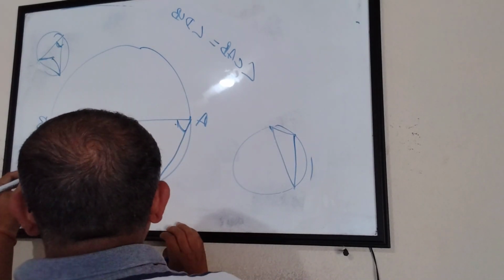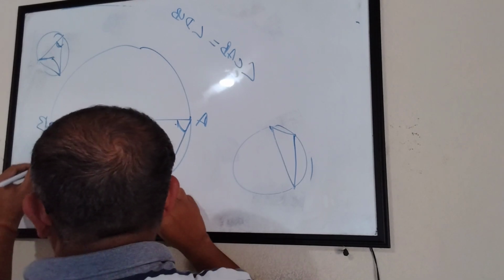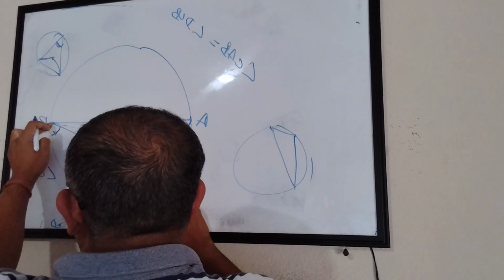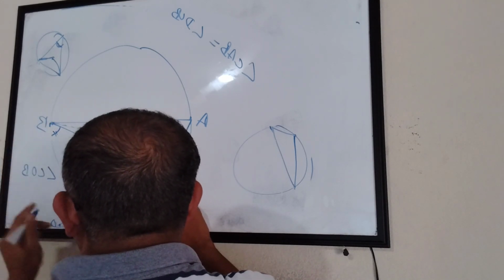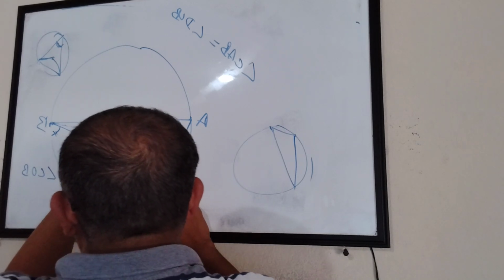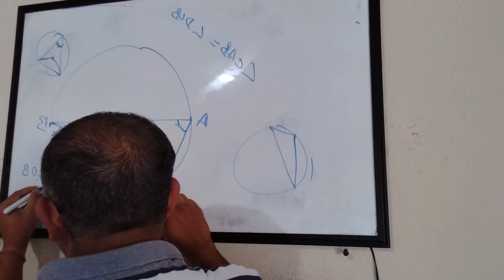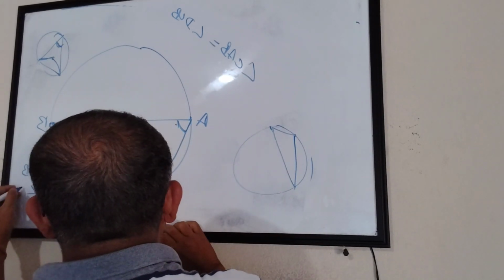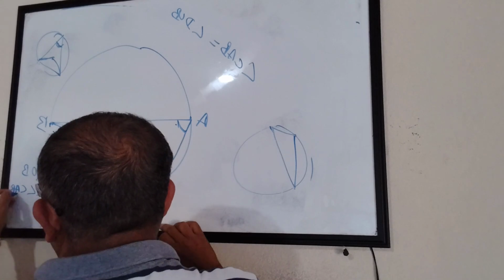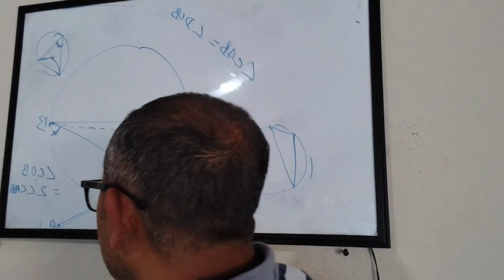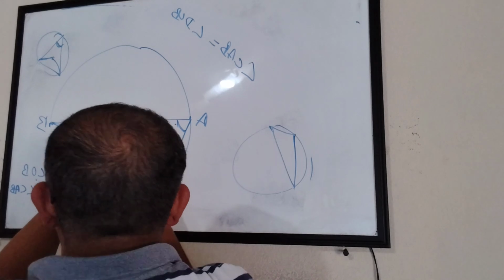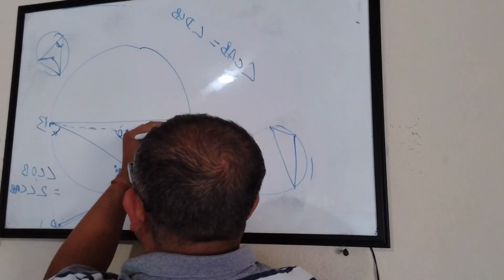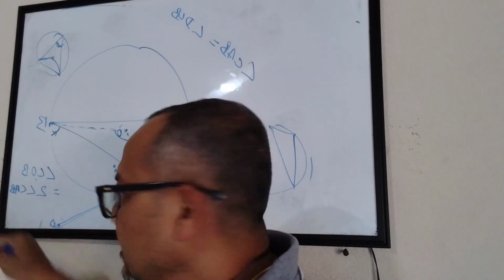If you look at angle COB, I'm looking at this chord CB. The angle made from the center is angle COB, which is 2 times the angle that it makes here, that is CAB. Agree? This chord is making this angle on the center and this angle here. So this angle is 2 times this angle.